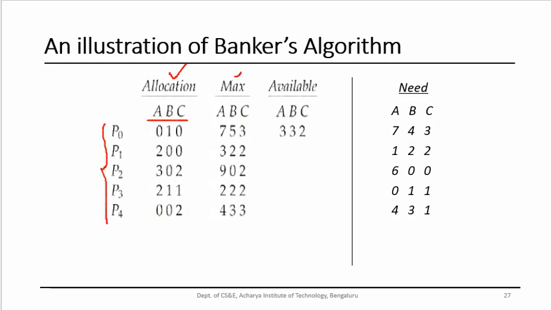We have matrix max: the processes have made a claim that a maximum of these many instances of different resource types are required. After some instances have been allocated to processes, these are the number of instances of different resource types remaining. That is what is available, and from this we can calculate the need matrix. Need matrix is nothing but max minus allocation.